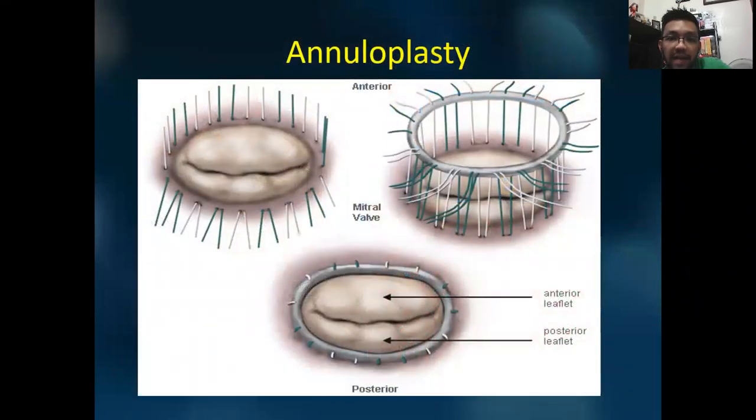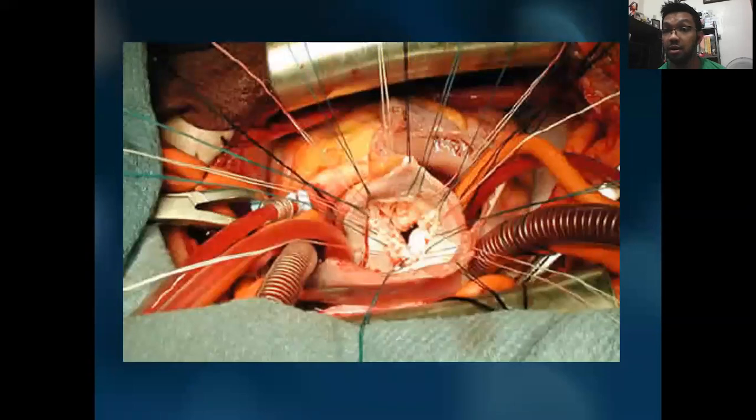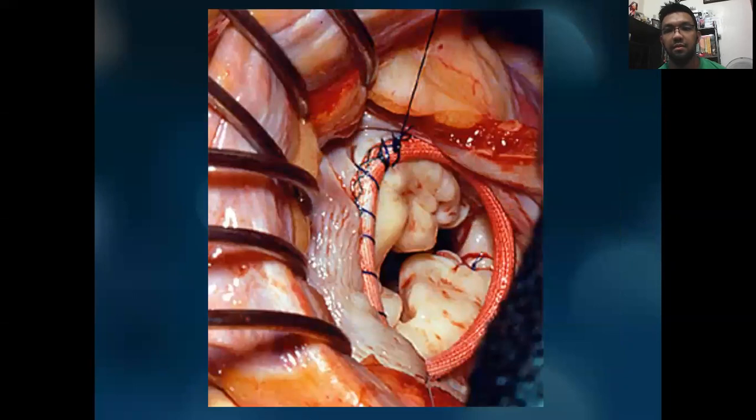In the annuloplasty, this is how they are going to repair it. They are going to secure the valves by placing a ring around it. So that is involving the annulus of the valves. So this is how they do it. So there's a ring that is placed around the valve to secure it into place.